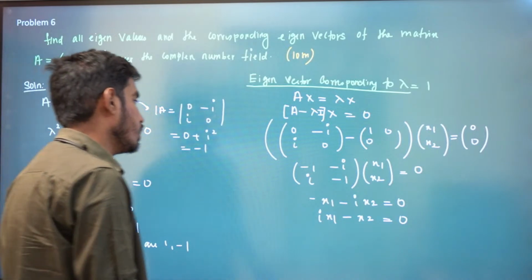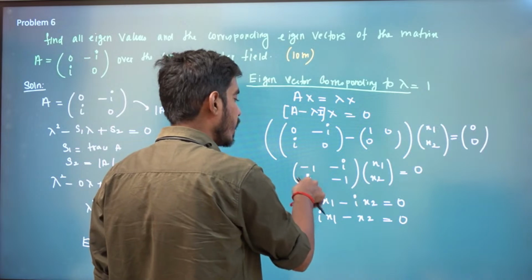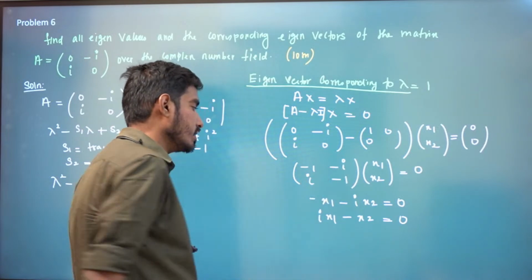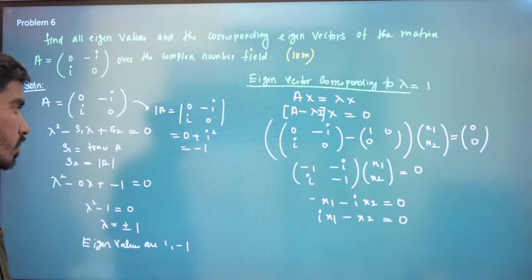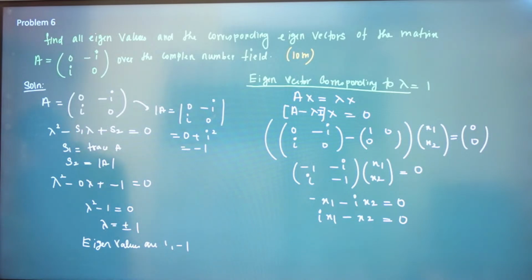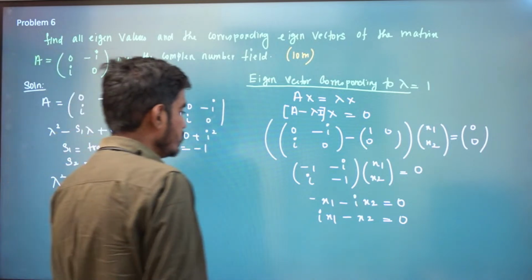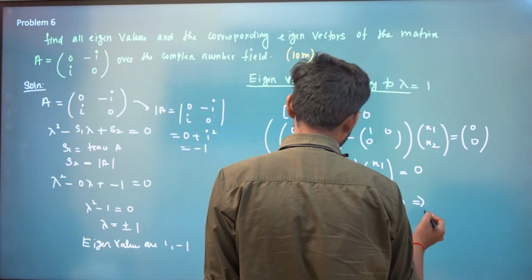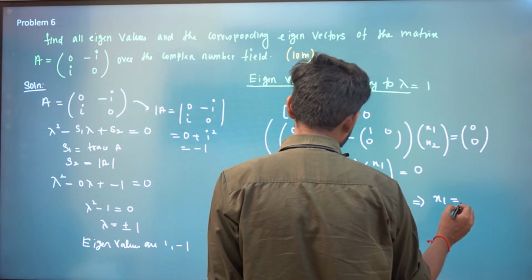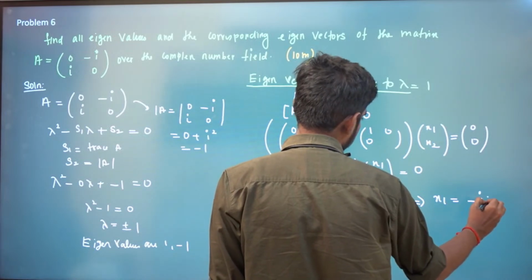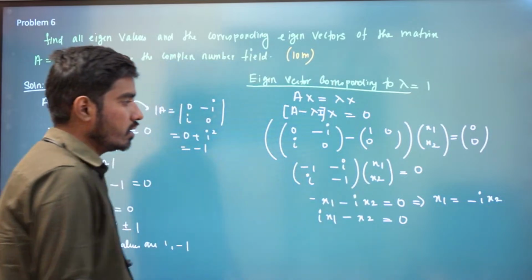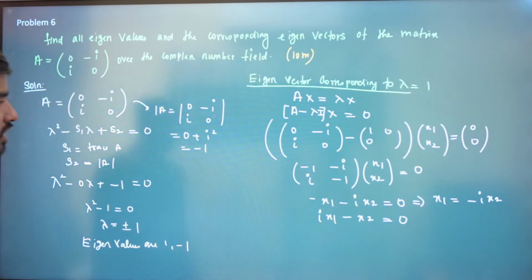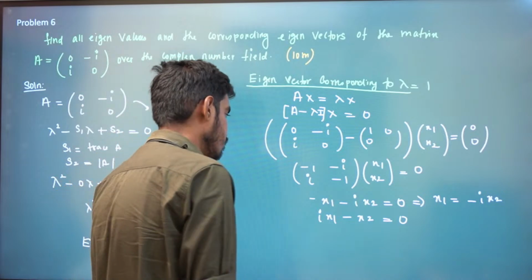You reduce to row echelon form. You multiply this by i and then you subtract, and you will have infinitely many solutions, right? Or else we can say x1 is given by minus i times x2.